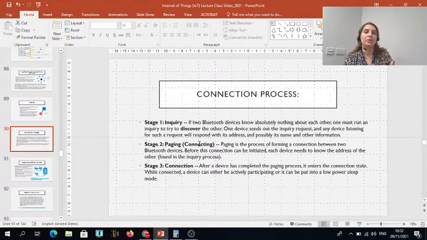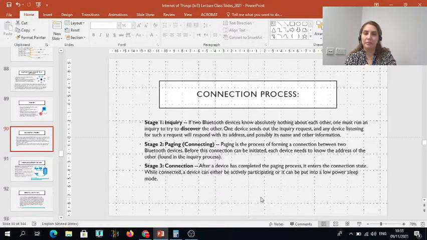If you're not discoverable and the other device is running the scan, they can't see your device. So both of the devices that want to be paired should be available. So when the connection is being established, one of the devices is acting as a slave, another one is acting as master, and so they make the connection that way.